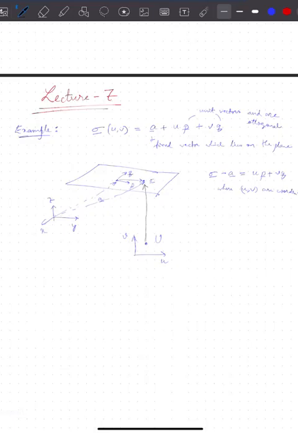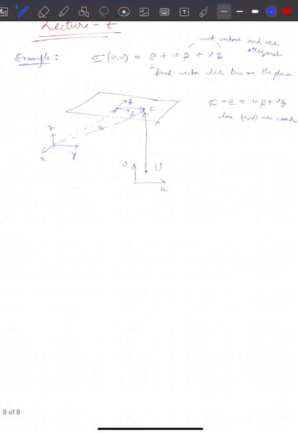Now let's check the regularity conditions. Say sigma u, which is partial sigma vector by partial u, is just P vector. Likewise, sigma v, which is partial sigma by partial v, is equal to Q vector, right? Just these two.